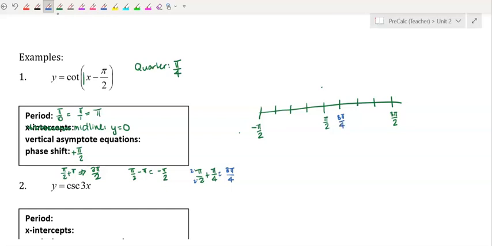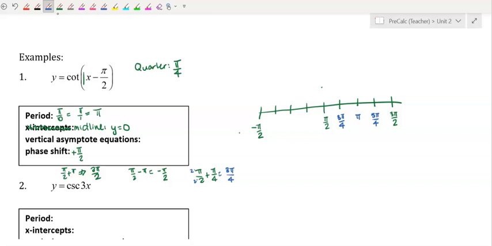And then again, I'm going to add another pi over 4, which is going to get me 4 pi over 4, which is just pi. Add another, I get 5 pi over 4. And then I'm going to double check and make sure if I add another pi over 4, does it get me 3 pi over 2? Sure enough, it does, because it gets me 6 pi over 4, which is the same when it reduces.